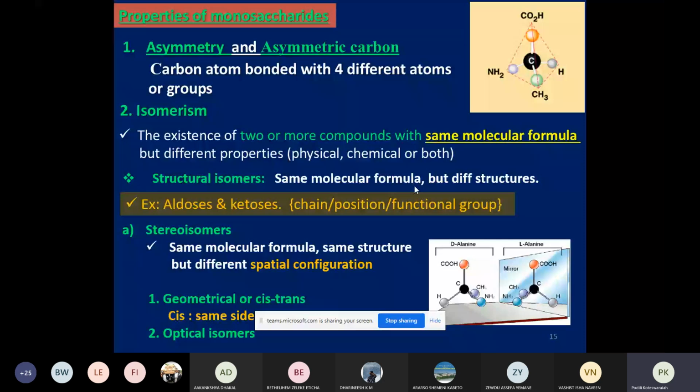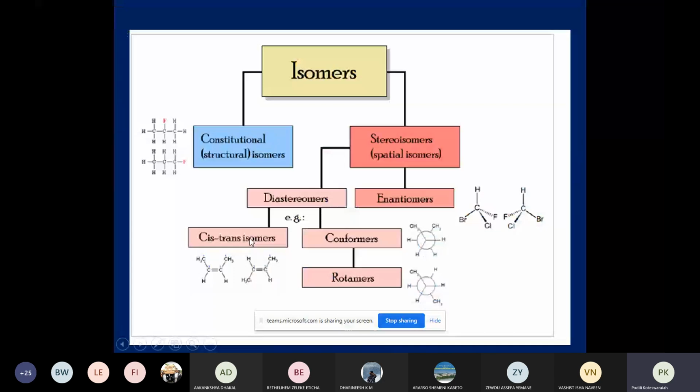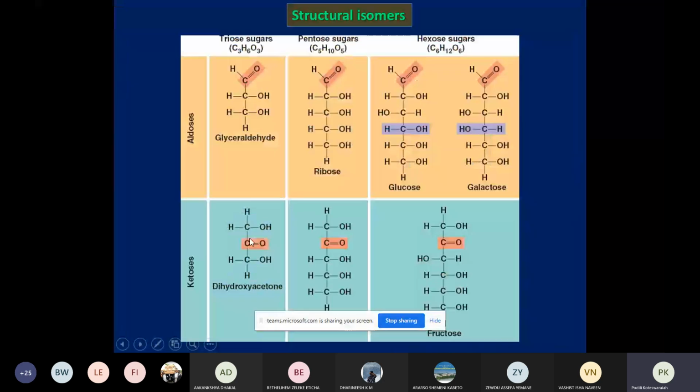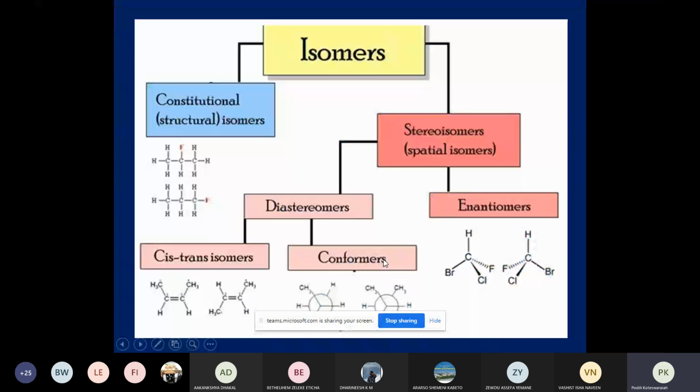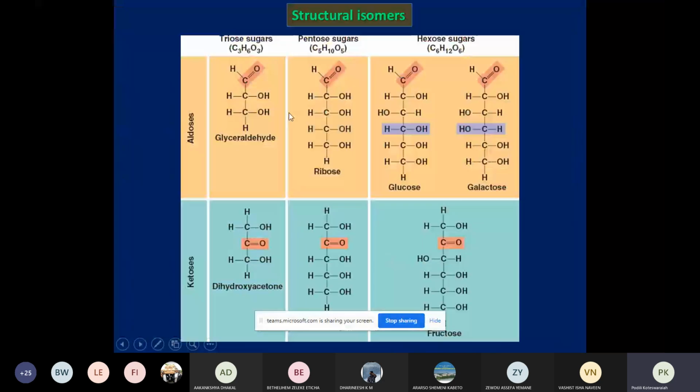And sugars also exhibit various forms of isomerism, that is stereoisomerism as well as optical isomerism. Stereoisomerism means they have the same molecular formula and the same structure, but different spatial configuration.